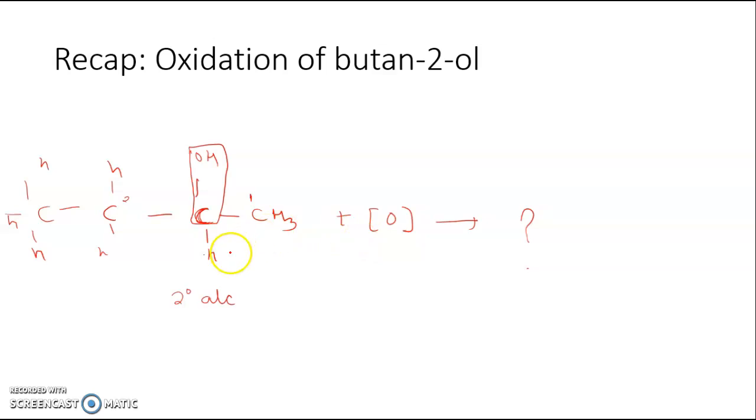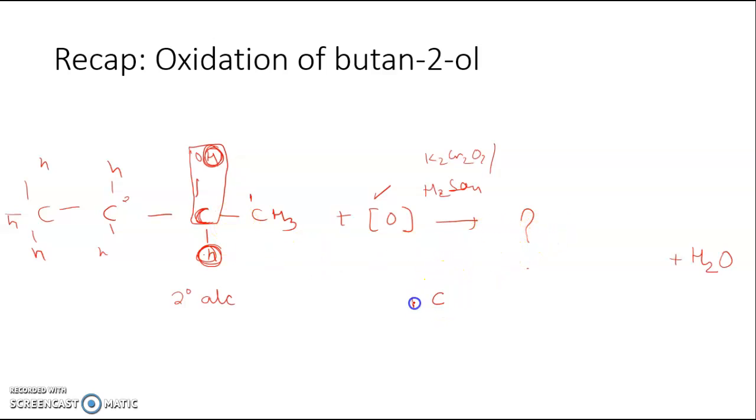When you oxidize an alcohol, it occurs in presence of potassium dichromate, in presence of dilute sulfuric acid. We talked about in the previous video that it will form water. Now, oxygen from here, 1 hydrogen from the OH, and 1 hydrogen from the same carbon which is holding the OH.